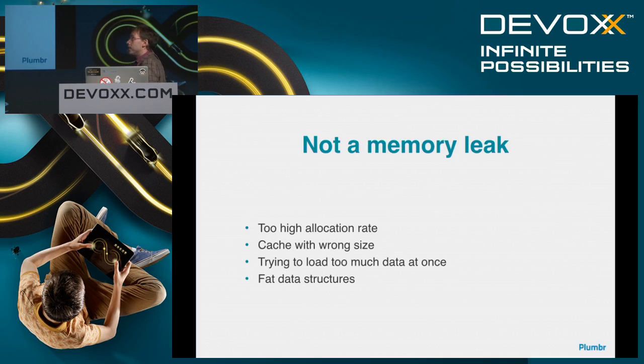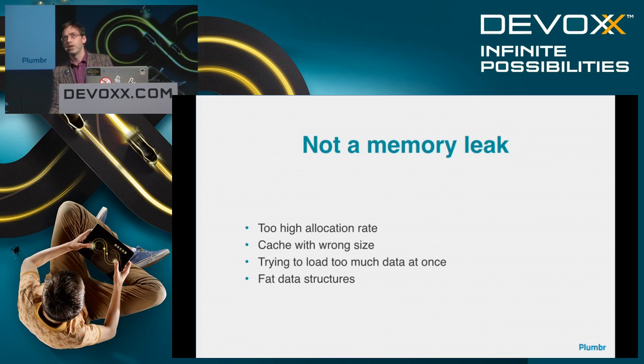But those symptoms don't tell you that you really have a memory leak. That's only one of the possibilities. Another one is you just allocate too many objects too fast. And GC, in your memory amount, in your heap size, you just cannot handle so much garbage so fast because it runs too fast.